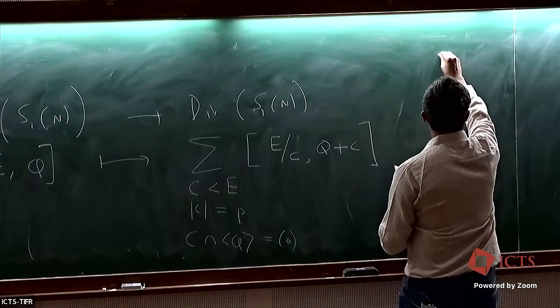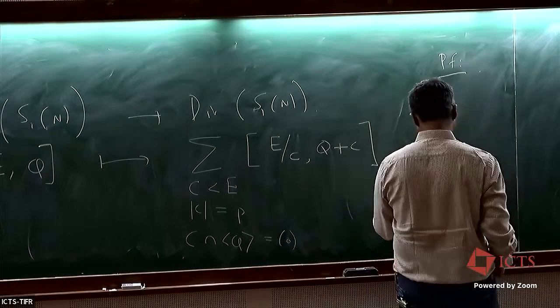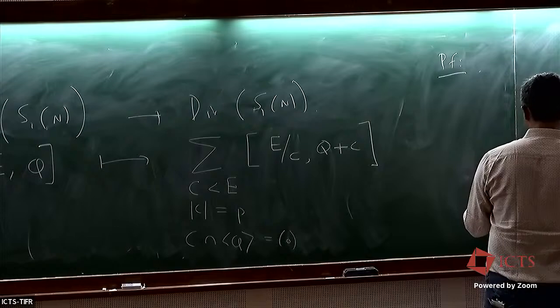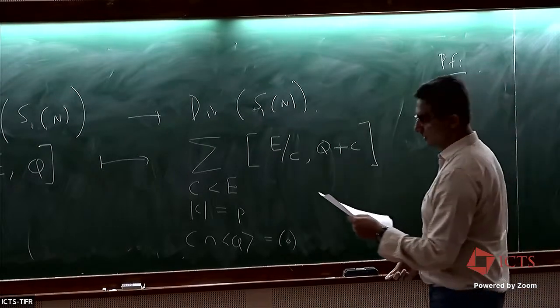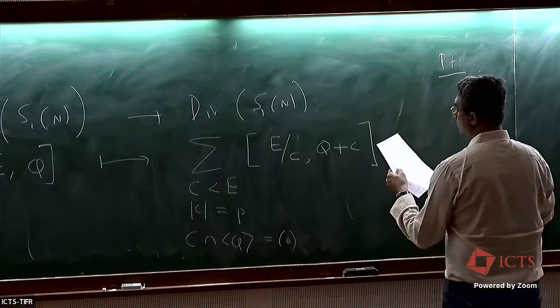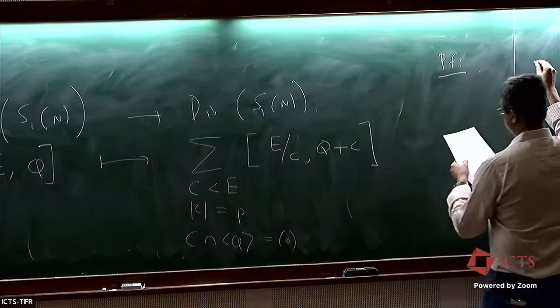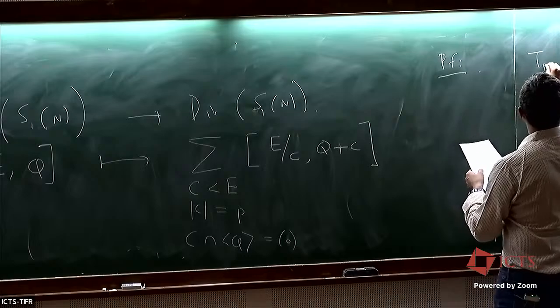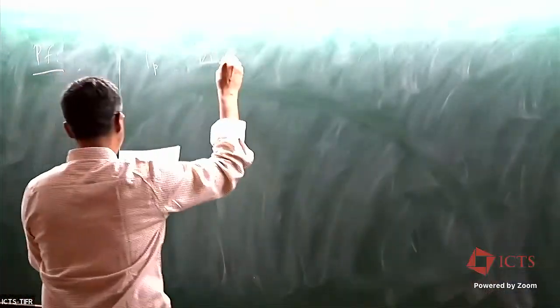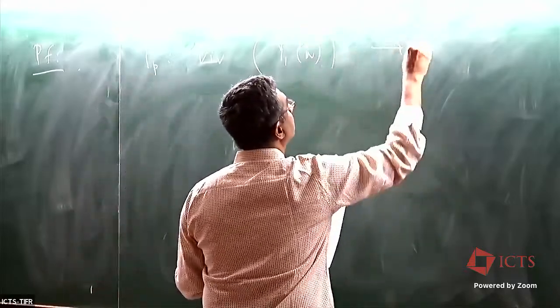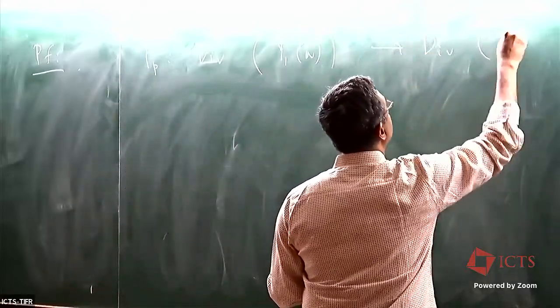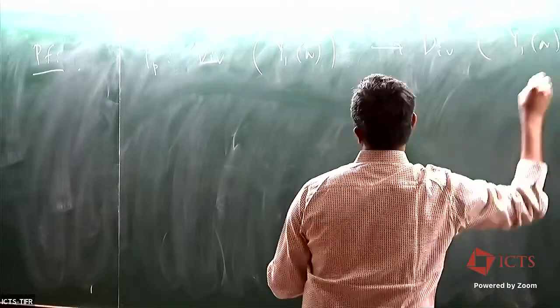Proof. Before I make some general remarks, this is the last formal thing I want to prove. All right, so what is T_p doing? It's acting on divisors. Let's recall that formula.